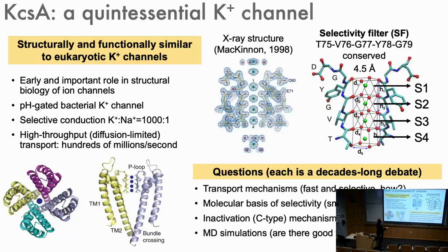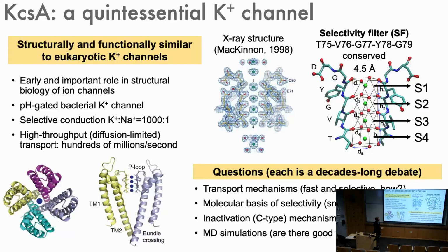So what ions do, they come up to the channel here, they enter the channel, and then just go up and then leave. This is what happens. Now, there are, of course, many questions in structural biology of how this happens. We don't know the exact transport mechanism, which I'll address in a second.